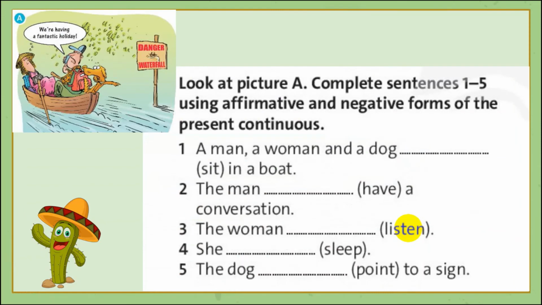And now let's move on to the next activity. You look at picture A and complete the sentences from 1 to 5 using the affirmative form and negative form of the present continuous tense. 30 seconds for you.